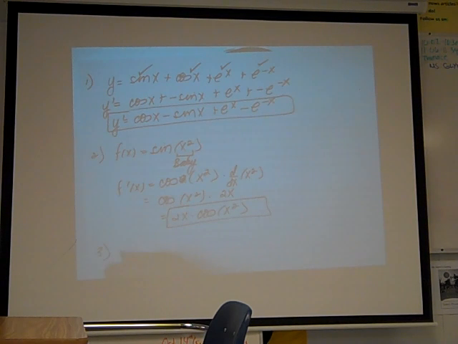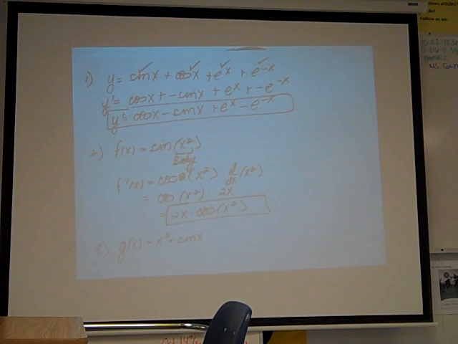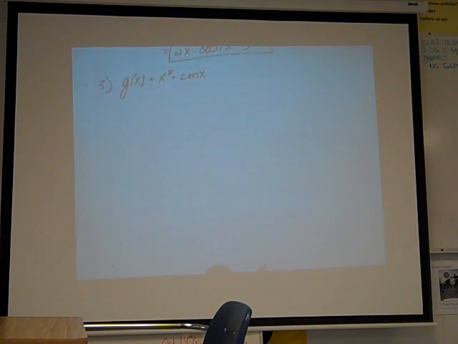Okay, problem number 3. G of x equals x squared times sine of x. I didn't write that dot in the problem, but that dot means multiplication. Let me scoot this up a little bit higher so everyone can see it. And product rule, g prime is, take the derivative of the first. So let's just write it out.